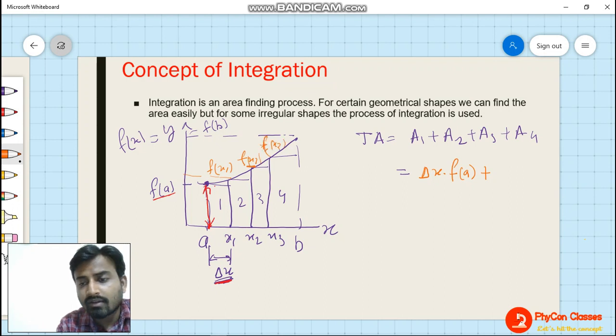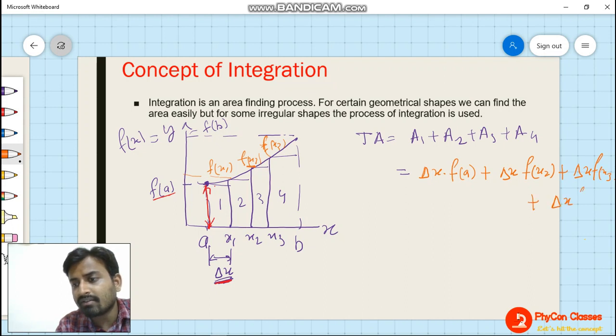Clear? So now it will be delta x into the functional value at x2. And similarly for the third one, delta x multiplied with the functional value at x3. The fourth one will be delta x multiplied with the functional value at x4. So in this way it will move.